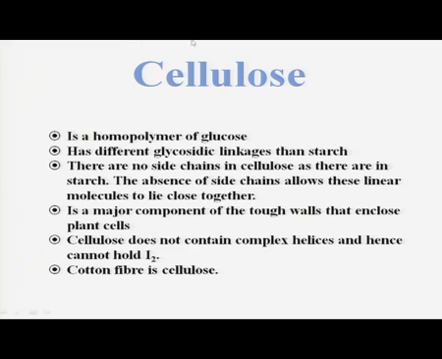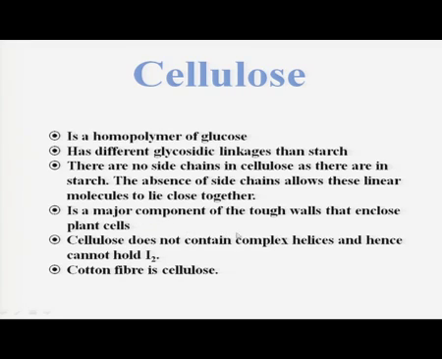Now, the next polysaccharide is cellulose. It is a homopolymer of glucose, with a different glycosidic linkage than starch. There are no side chains in cellulose as there are in starch. The absence of side chains allows these linear molecules to pack closely together.